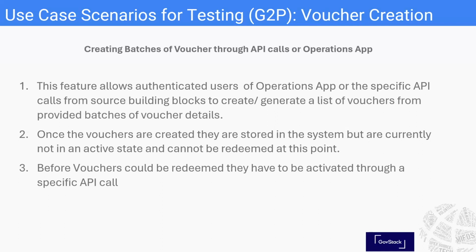We would also be talking about the voucher creation scenario. So the voucher creation scenario, again, has some prerequisites which we'll see going forward and which we've also discussed previously.